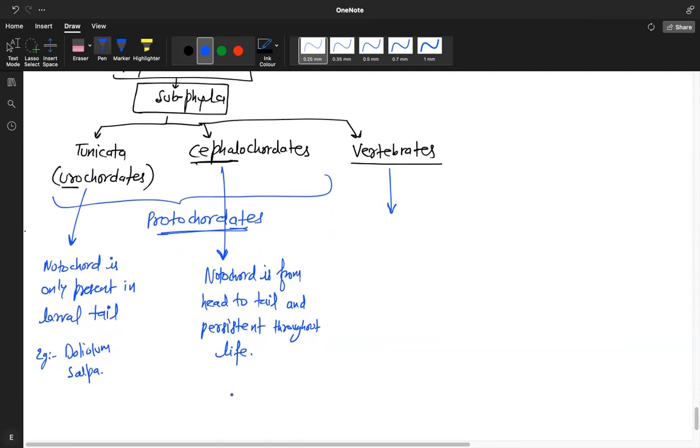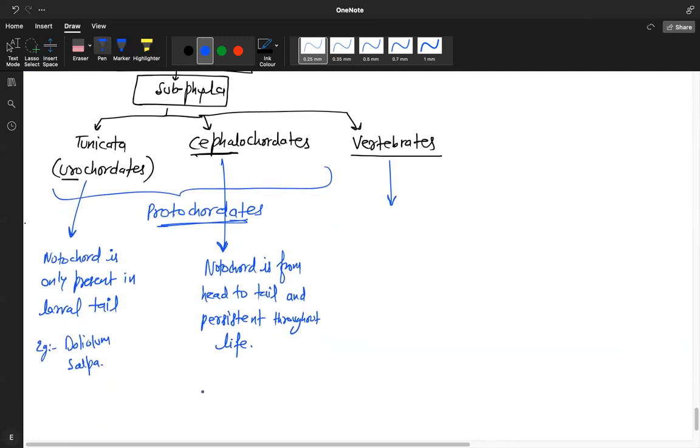For protochordates, you must have heard a very famous example called amphioxus. Remember amphioxus? It's also known as lancelet. If you want to figure it out, just Google it and see.